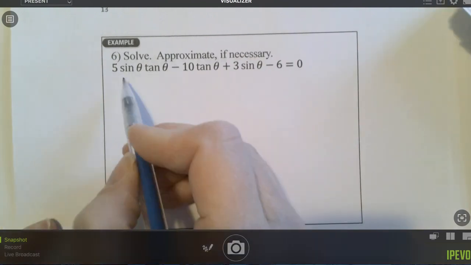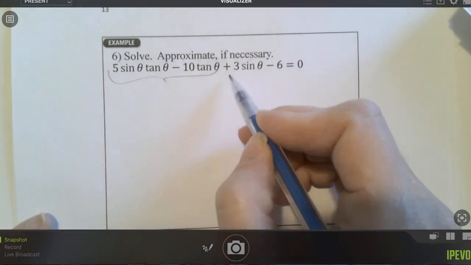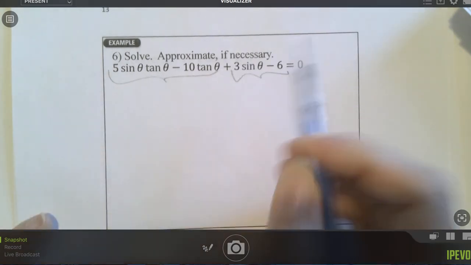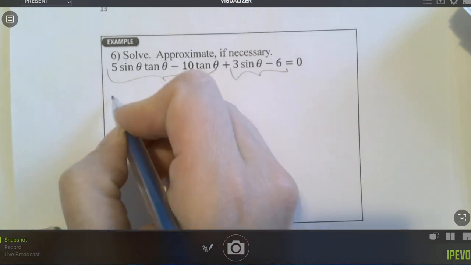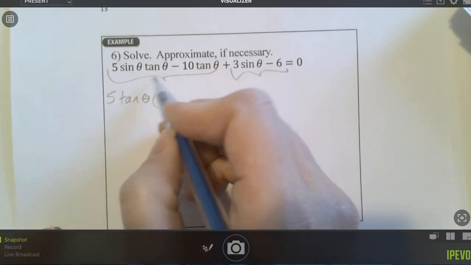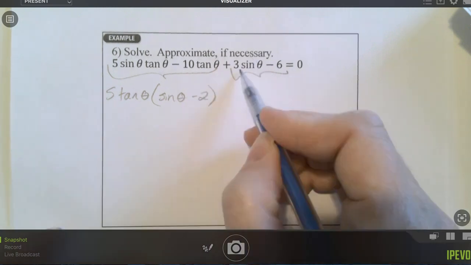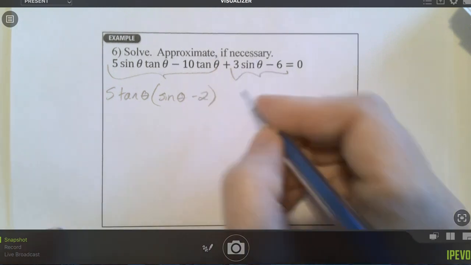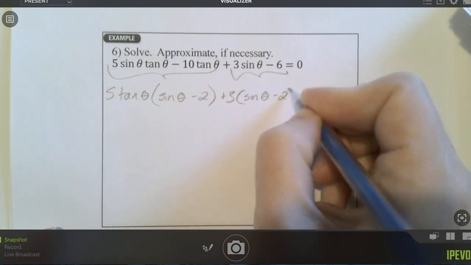So if I look at the first 2 terms here and the second 2 terms here, and I take out their greatest common factor, well, from these first 2 terms, that would be 5 tangent of theta, and I would be left with sine of theta minus 2. And then over here, the greatest common factor would be 3, and I would be left with sine of theta minus 2.